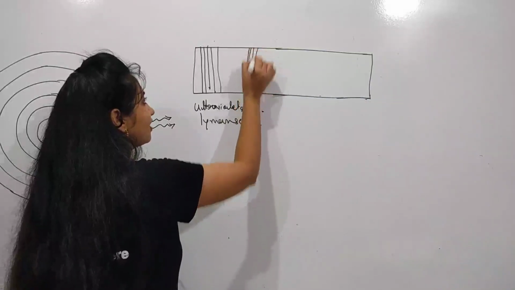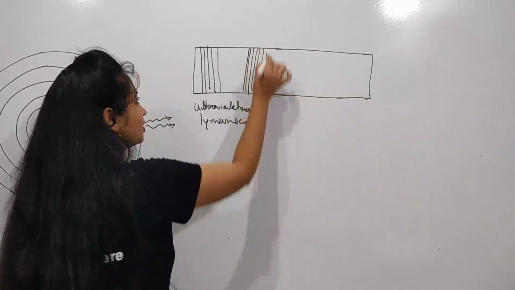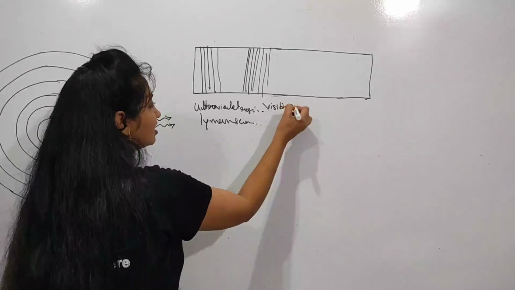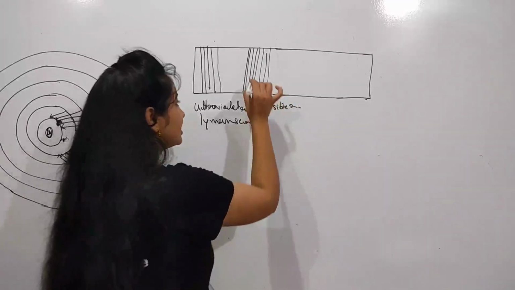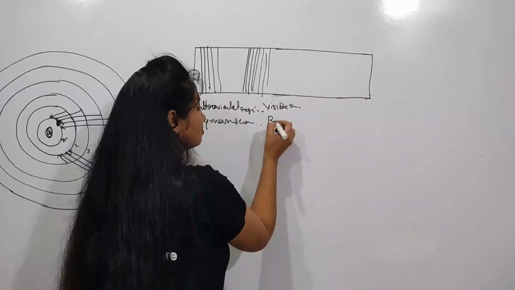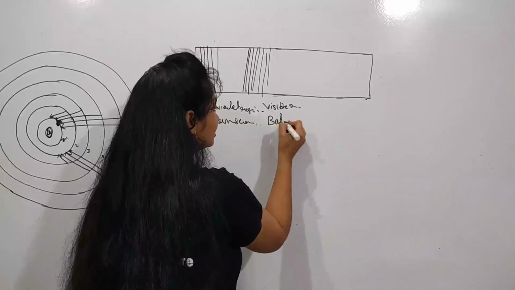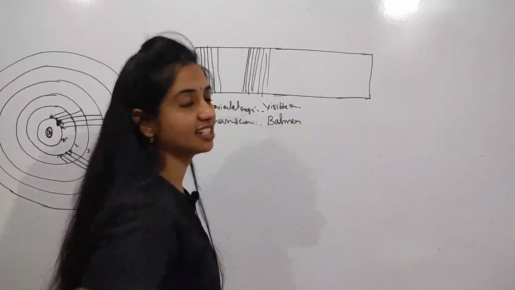This series of lines belongs to the visible region, and these lines are called the Balmer series.